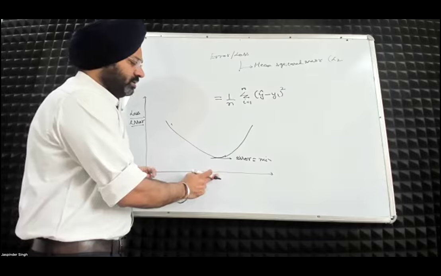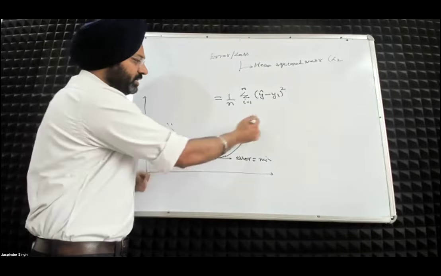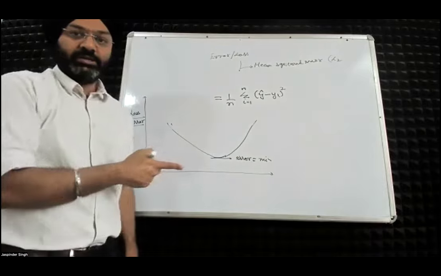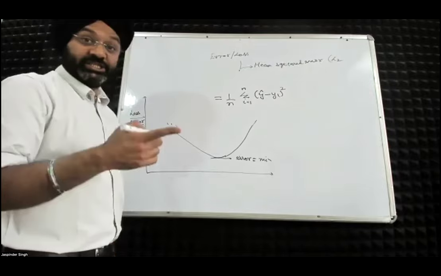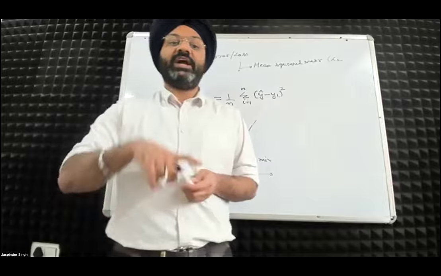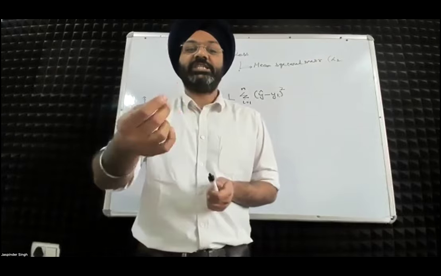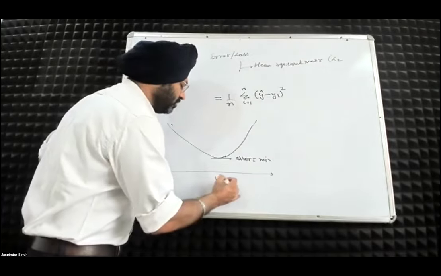What should I be writing over here? How is this loss function changing? Based on what? Weights. Remember, we are changing the weights and we are finding the next error. We are changing the weights and finding the next error. So this is changing according to the weights.